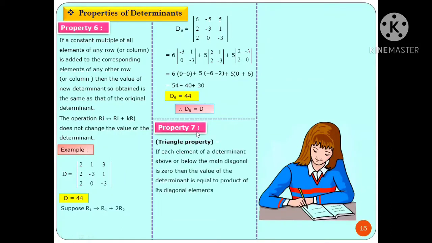Property 7 statement. The name of the property is the triangle property. If each element of a determinant above or below the main diagonal is 0, then the value of the determinant is equal to the product of its diagonal elements.